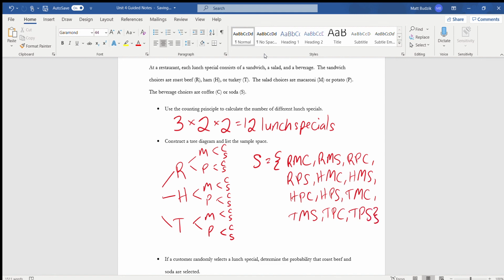So there's my sample space if I just follow all of the branches there.